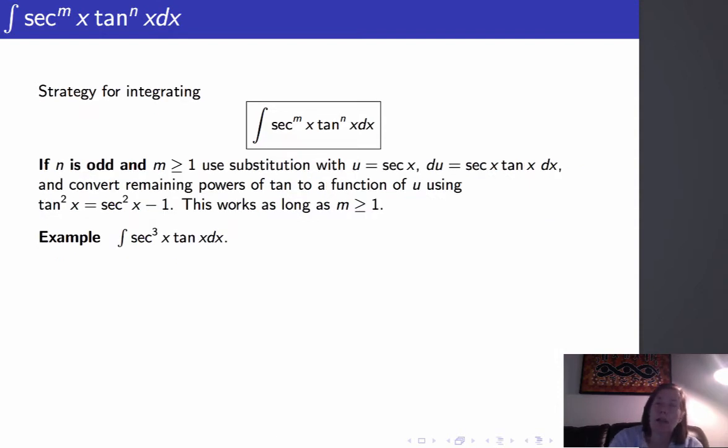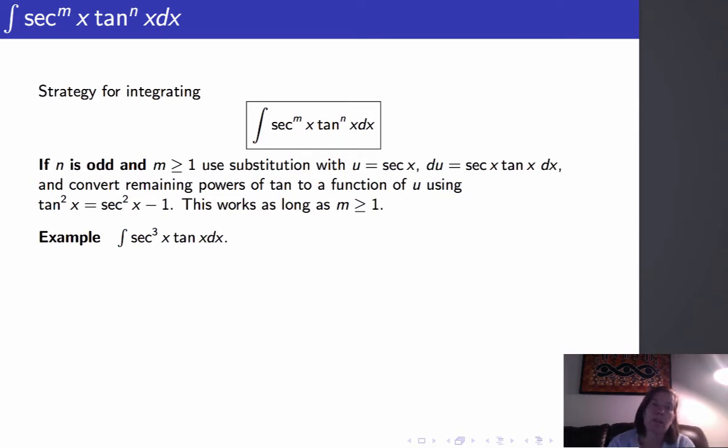Now, on the other hand, if the power of tangent is odd and the power of the secant is greater than or equal to 1, doesn't matter whether it's even or odd as long as there's at least one secant there, then we can use the substitution u equals secant of x, and then of course du will be secant of x tangent of x dx.